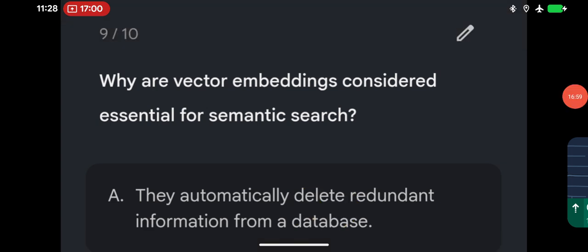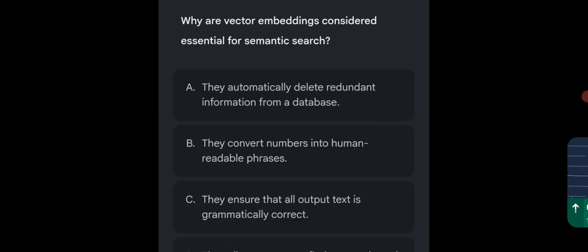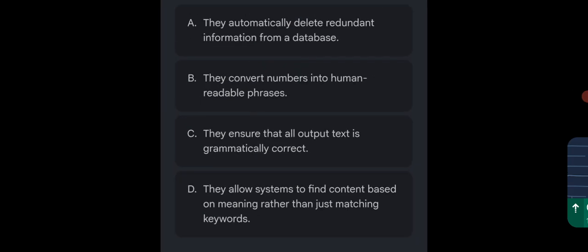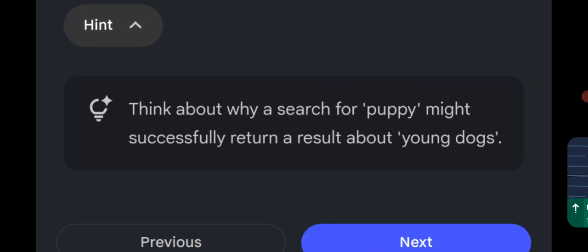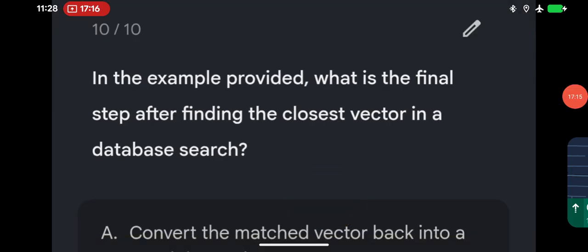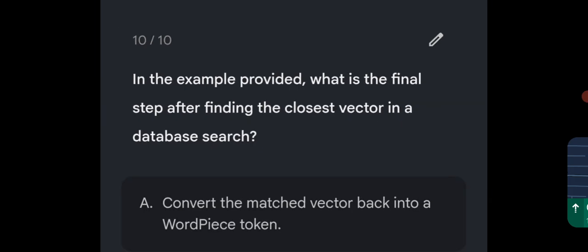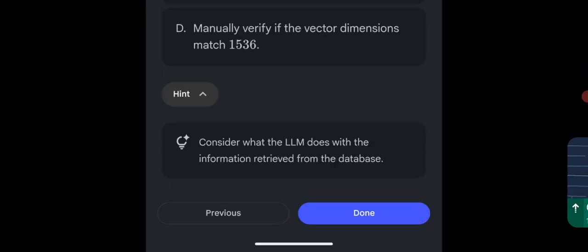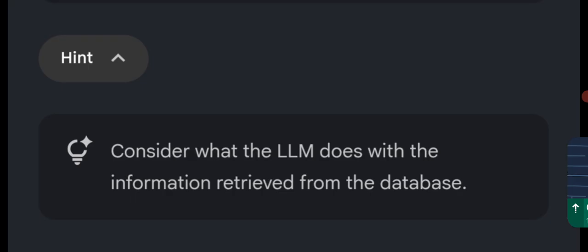Why are vector embeddings considered essential for semantic search? Here are the options, and here is the hint. Next question. In the example provided, what is the final step after finding the closest vector in a database search? Here are the options, and here is the hint.